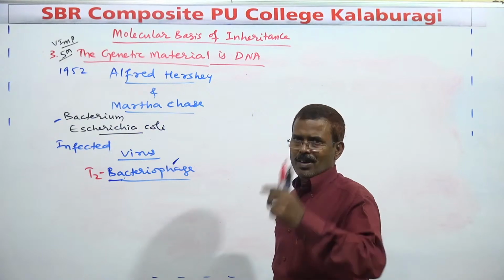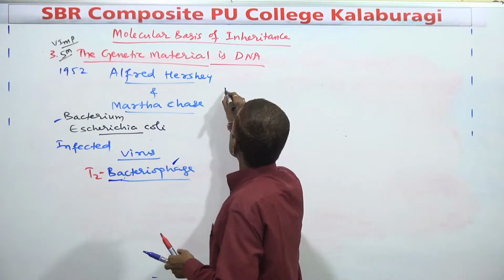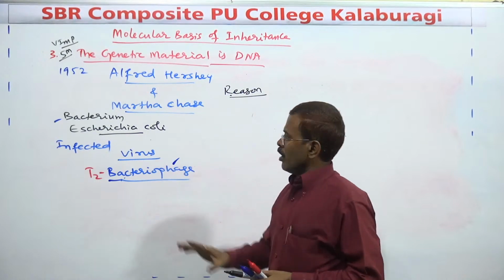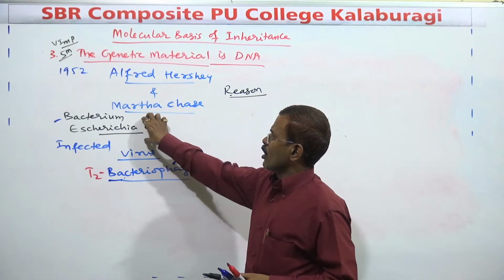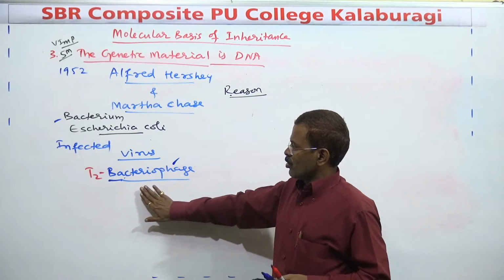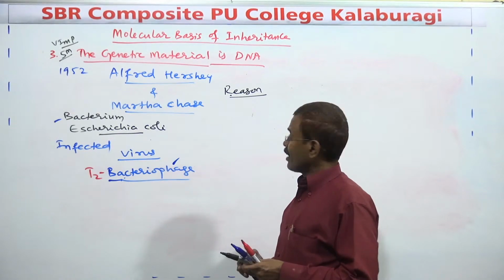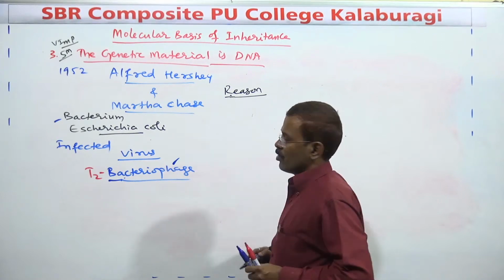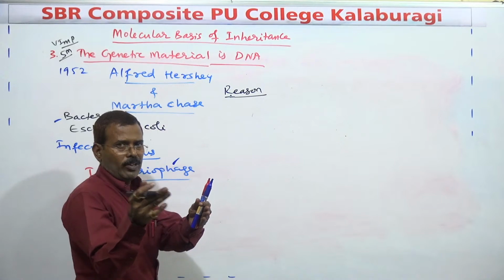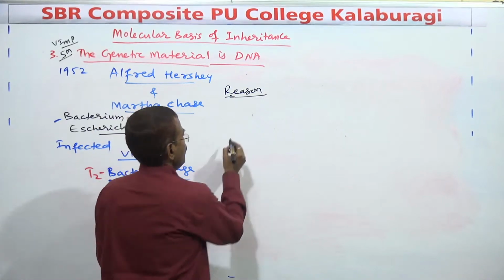For a simple reason. Remember, we know the molecular biology of the bacterium E. coli very well. Why have they chosen this T2 bacteriophage which can infect E. coli? You know about the structure of this T2 bacteriophage, we learned previous year.